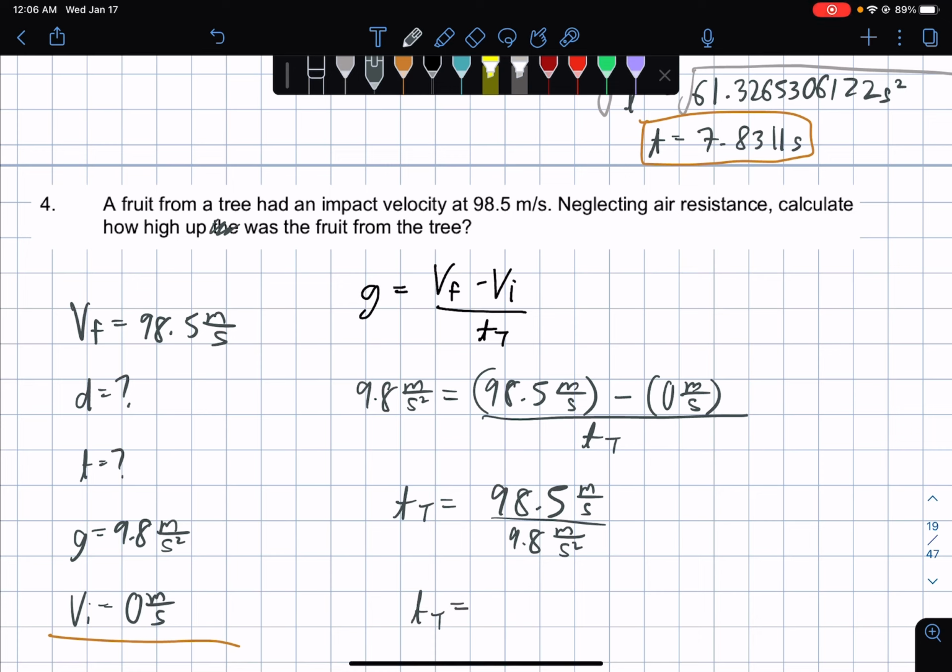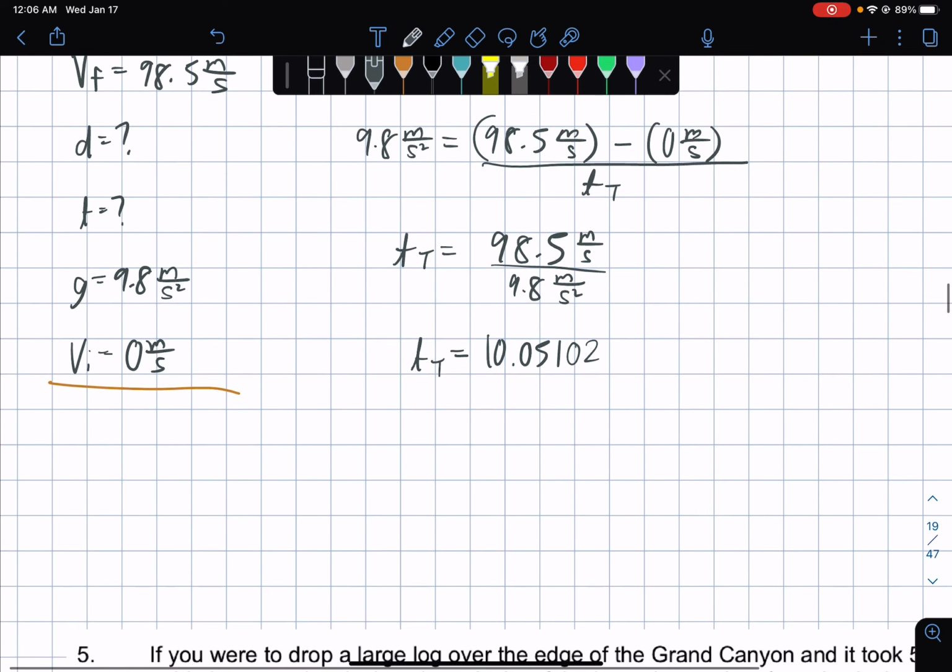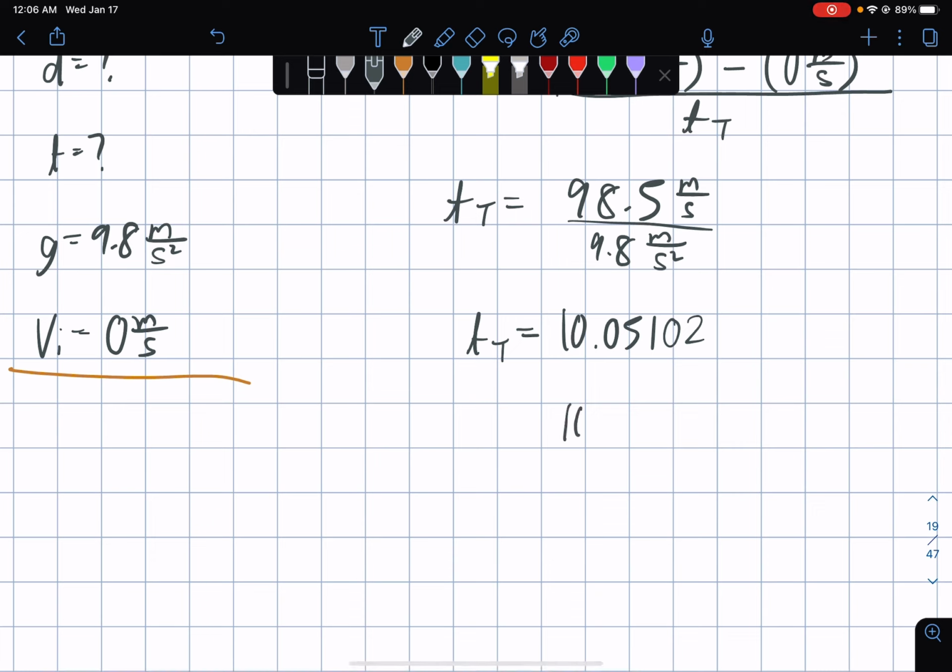Time total is equal to what? 98.5 divided by 9.8. The answer is 10.05102, or just 10.051 seconds.